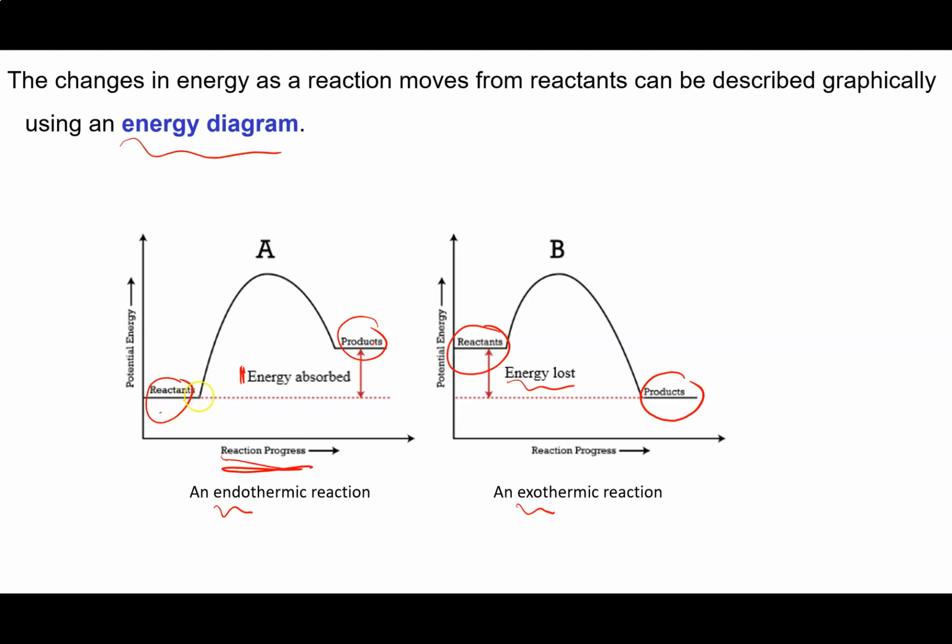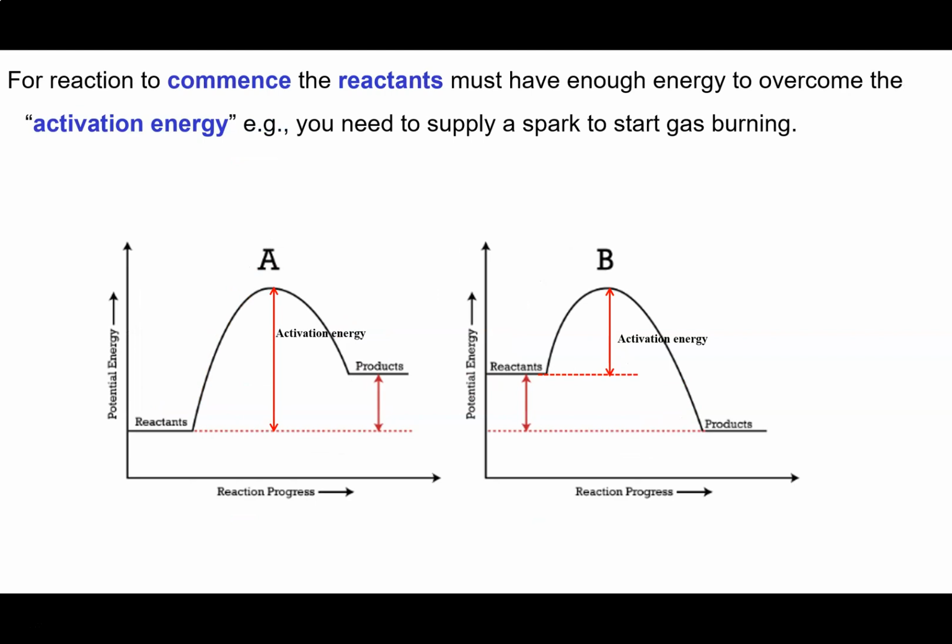Now you can see here that we've drawn a curve with a hump in it between the reactants and the products. So what is that all about? Well, it turns out that for any chemical reaction to begin, the reactants have to have enough energy to overcome this little barrier that we call the activation energy, and that's what we're indicating here.